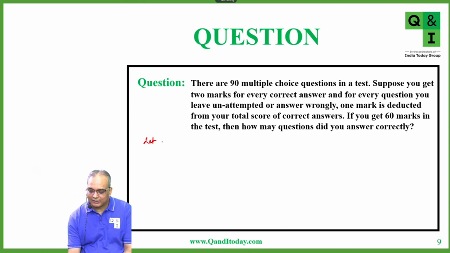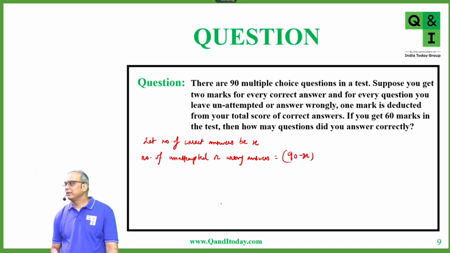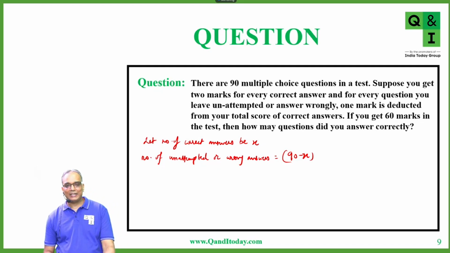So let the number of correct answers be X. So the number of unattempted or wrong answers will be equal to 90 minus X. Yes, Lokesh, it is correct. So the number of correct answers is X and the number of wrong or unattempted ones is 90 minus X.